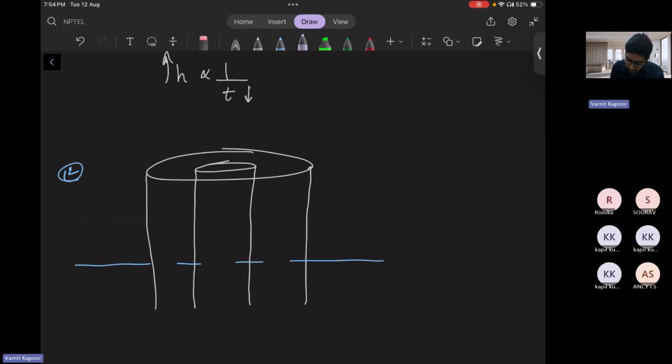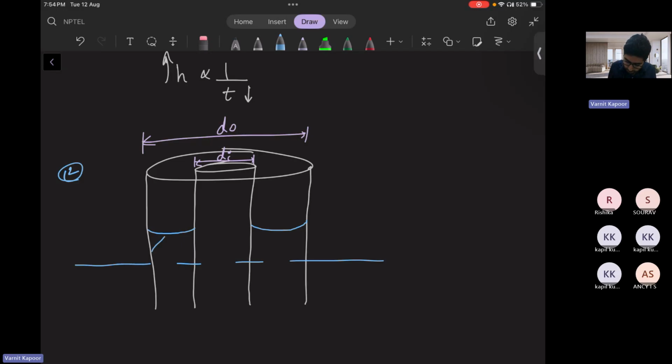The outer diameter is d naught. Inner diameter is di. Again, there will be 2 meniscuses. If you visualize from the top, it is around the whole circumference. It is not just 2 meniscuses, it's outer and the inner.